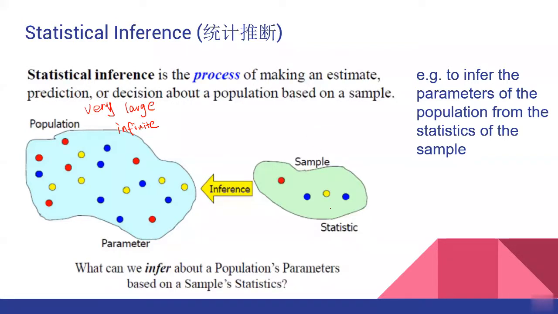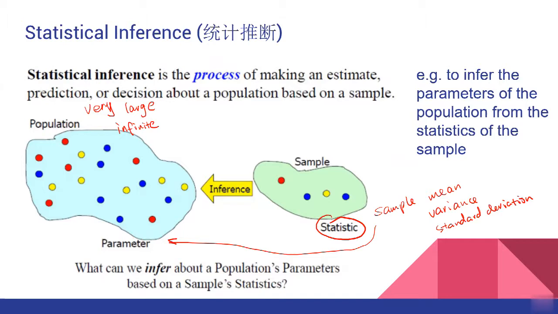And then we can study the characteristics of the sample, which is called statistics, for example, we can calculate the sample mean or sample variance or sample standard deviation, and use such statistics of the sample to infer the characteristics of the parameter of the population.